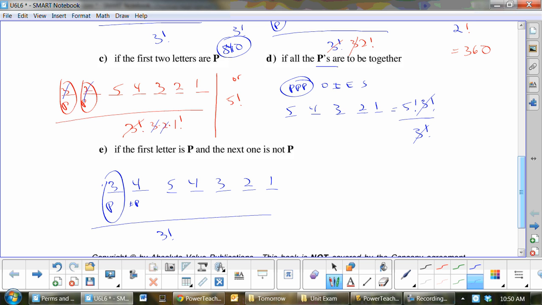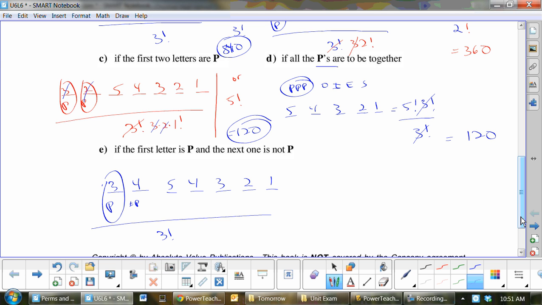Oh, I should give you the answers for C and D. This equals 120, and this equals 120 as well. Okay.